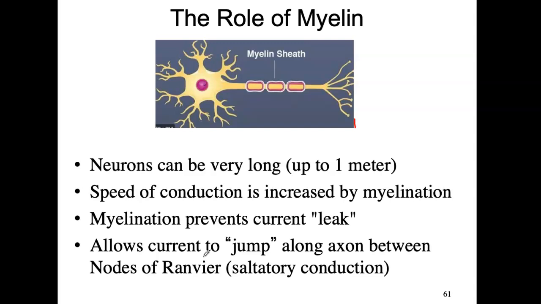So saltatory conduction, because what happens, if I can show you on the diagram, is that there's depolarization happening here, for example, and then depolarization happening there, and here, do you notice, in those nodes, they're called nodes of Ranvier, between where the myelination happens. So it doesn't need to depolarize every section of the axon. It's going to depolarize here, and then it's going to influence this region here, which in turn will influence this region here, and you get the story now.